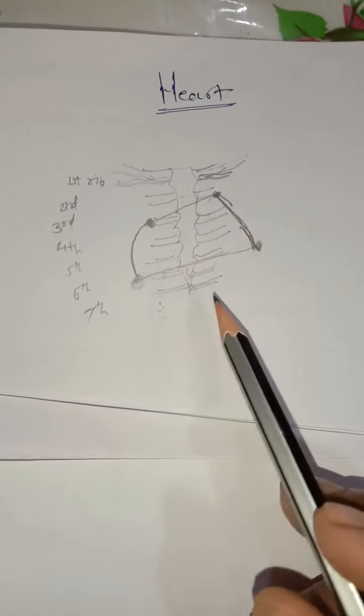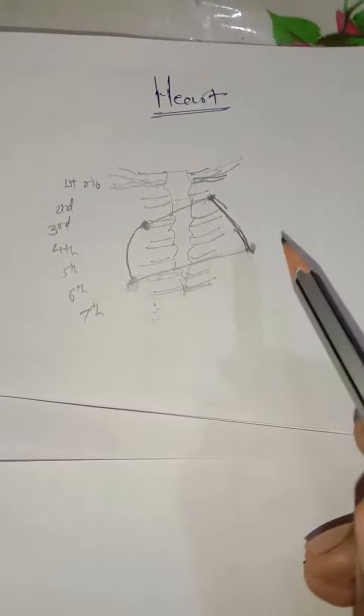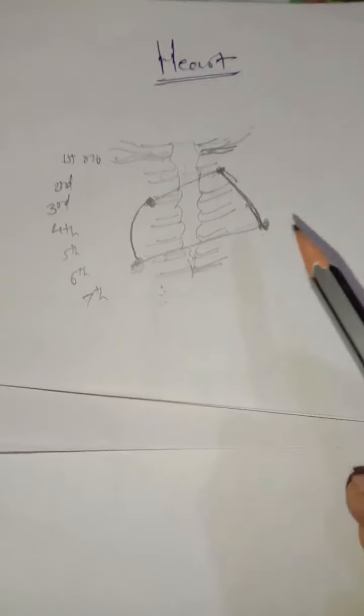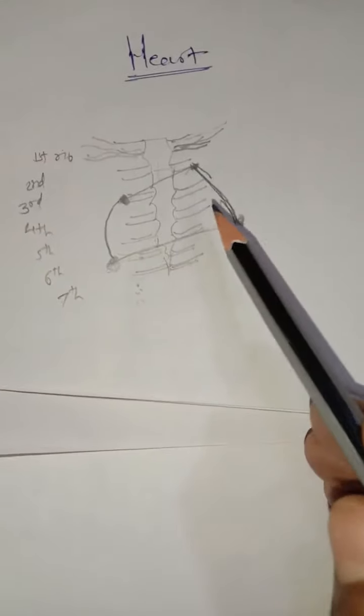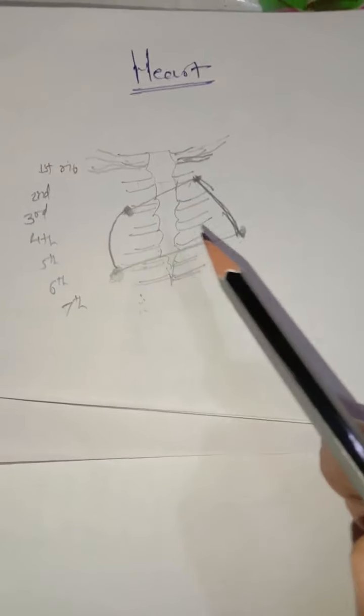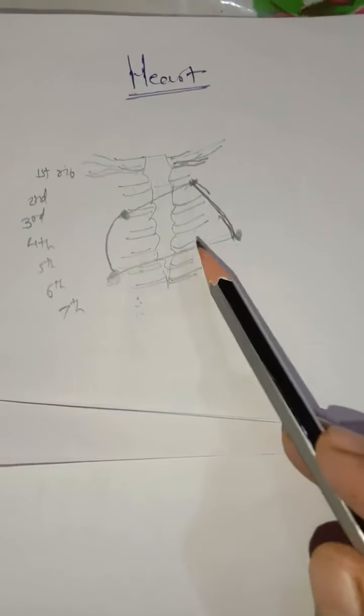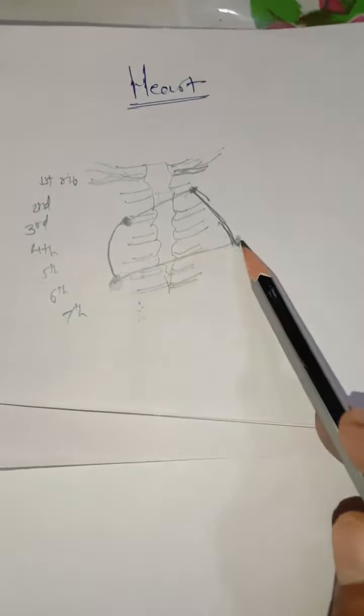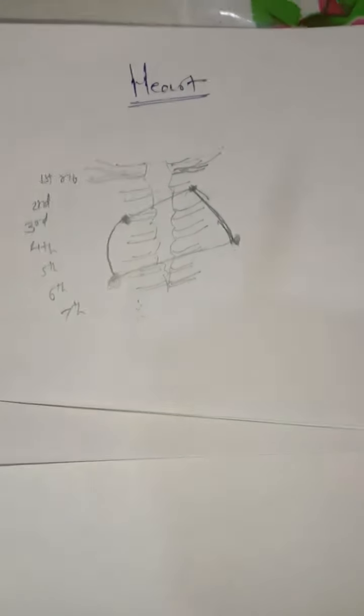So this is the exact location of the heart present in the thoracic cavity, the surface anatomy of the heart. Most of the heart is located on the left side.